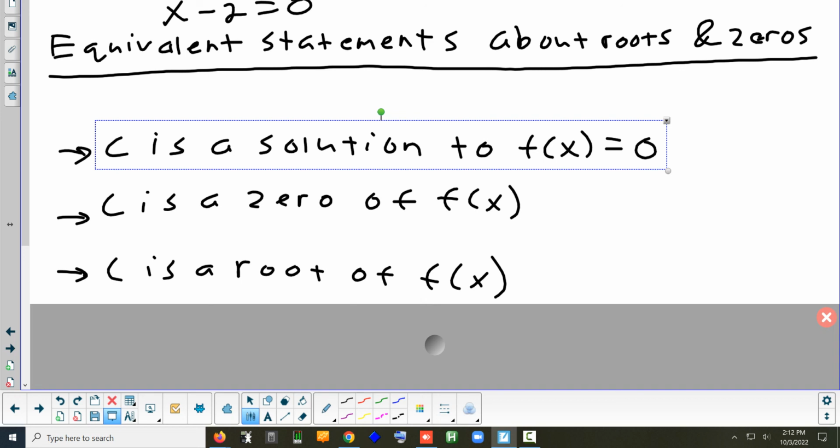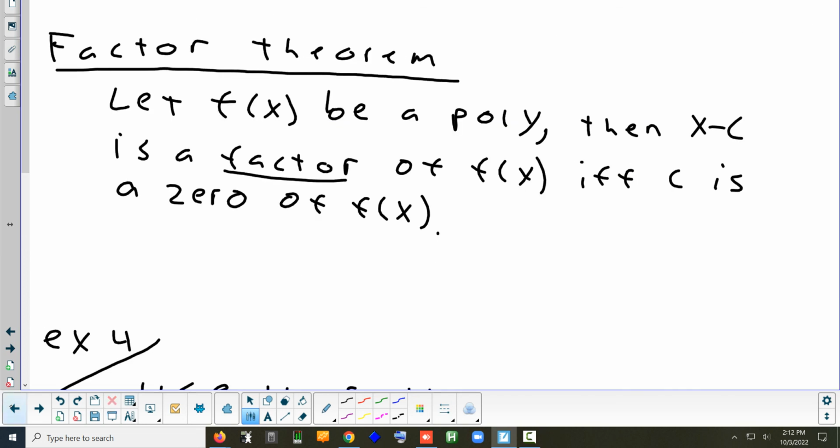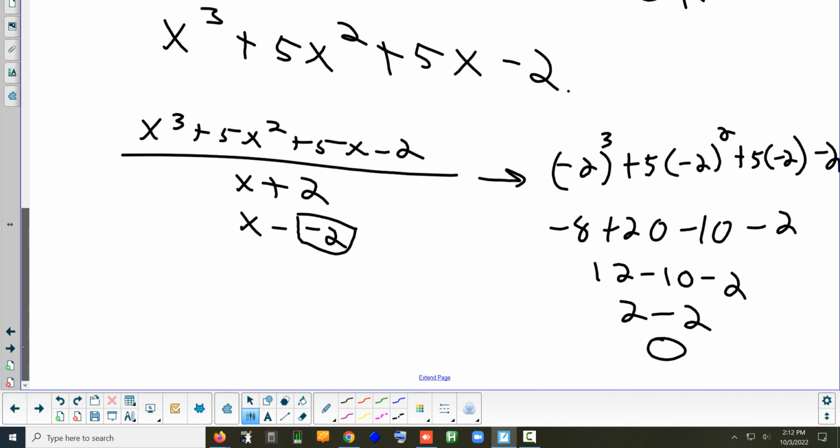Now, I'll go back to the problem we just did to show you the fourth thing I can say. What number did we just plug into something and get 0 as an answer in this problem? -2.